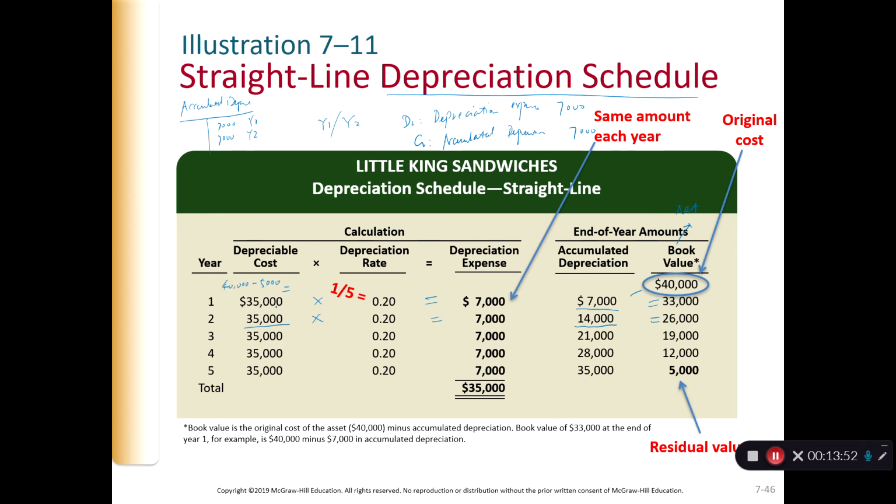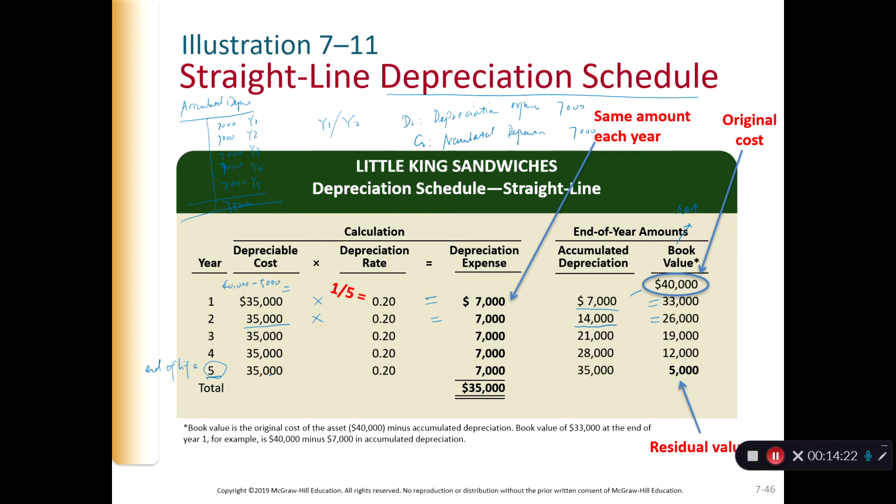So carry on to the 5th year, so you will have depreciated 4 years already by the time of the 5th year. And then the total depreciation should be 35,000 at the end of year 5, right? Year 5 is the end of the life of this truck.